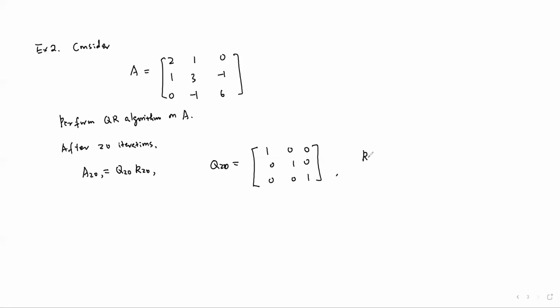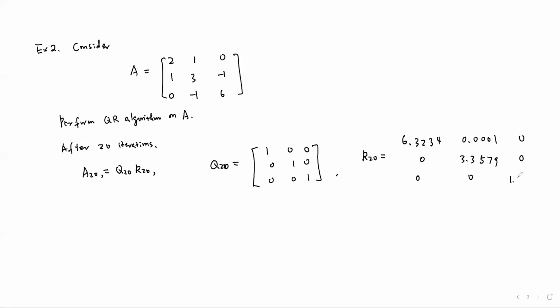And R20 is this matrix: 6.32, 3.4000, 3.3579. It is upper triangular, but almost diagonal.